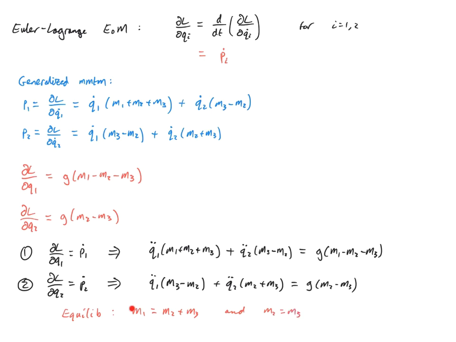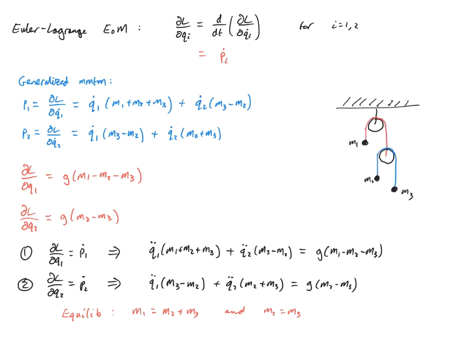And that's because from this first condition, the right-hand side here is equal to 0, and from the second condition, the right-hand side here is equal to 0. And that means all of these accelerations are going to have to be equal to 0, and therefore we have an equilibrium situation. And that makes physically good sense.